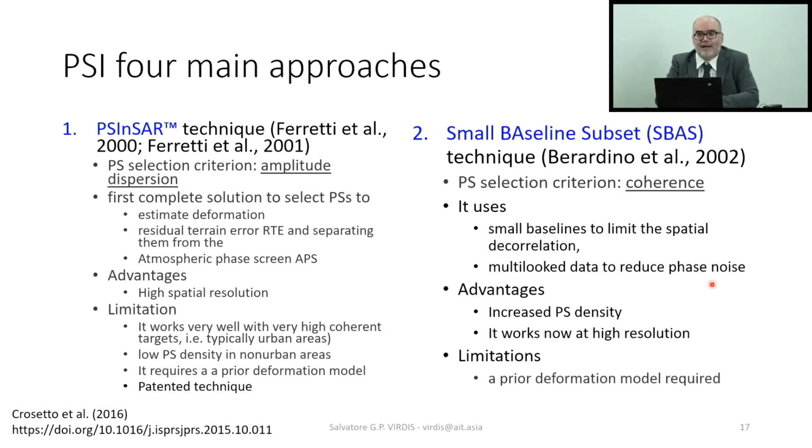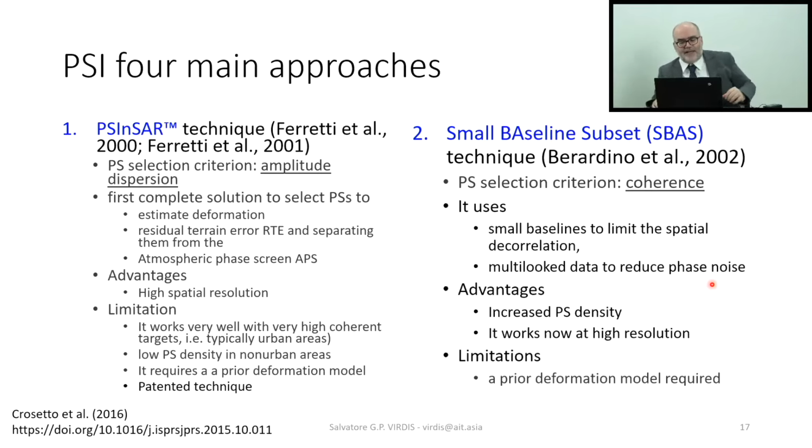Almost in parallel, there was another technique developed at the beginning of the year 2000, and this was called the small baseline subset technique, or SBAS technique. This technique selected PS not based on the amplitude, but based on the coherence. So it was able to select pixels, permanent scatterers, based on the stability of their coherence value in time.